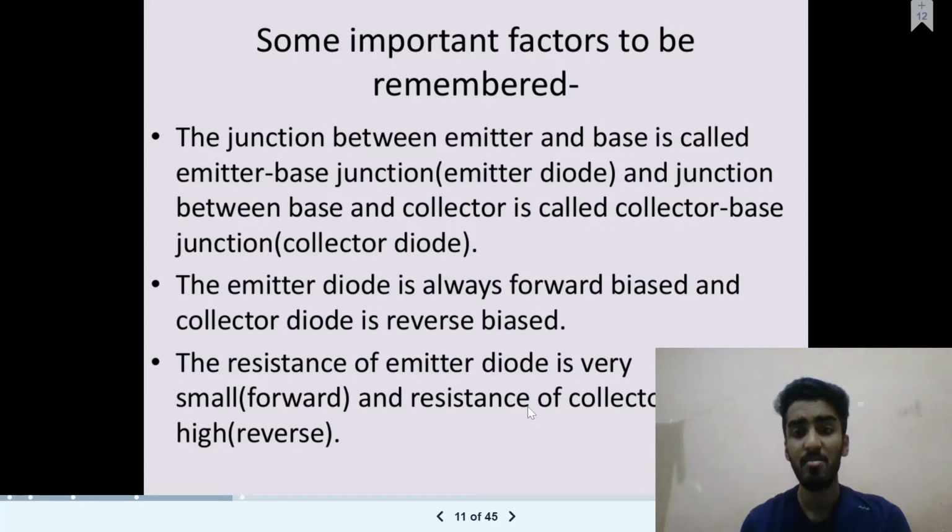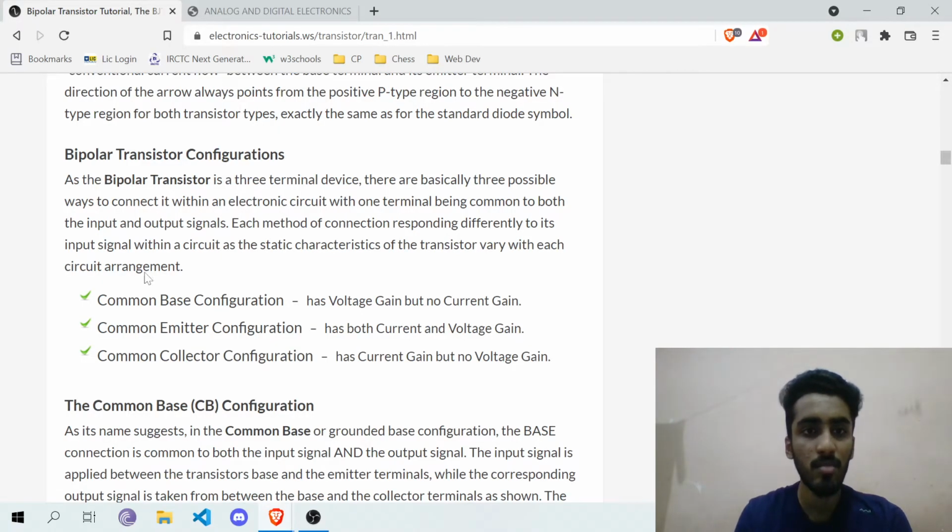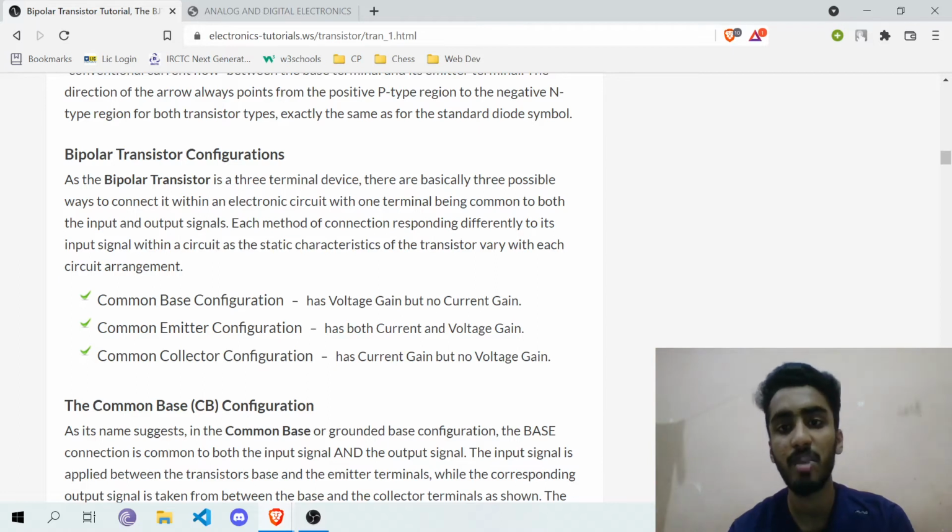So there are three different types of biasing in a transistor. We'll study about this. As the bipolar transistor is a three-terminal device, there are basically three possible ways to connect it in an electronic circuit with one terminal being common to both the input and output signals.